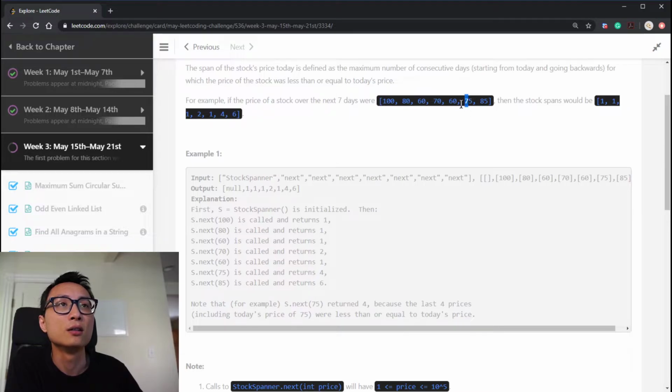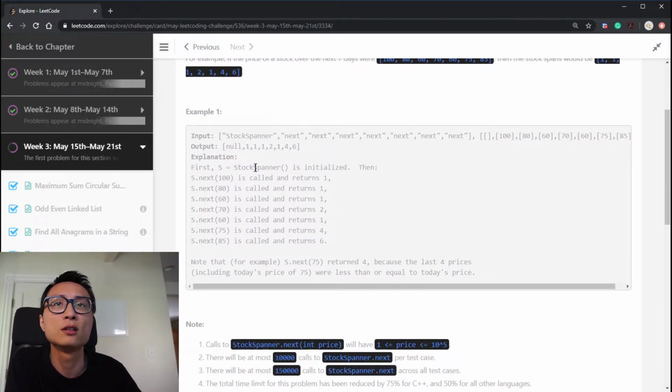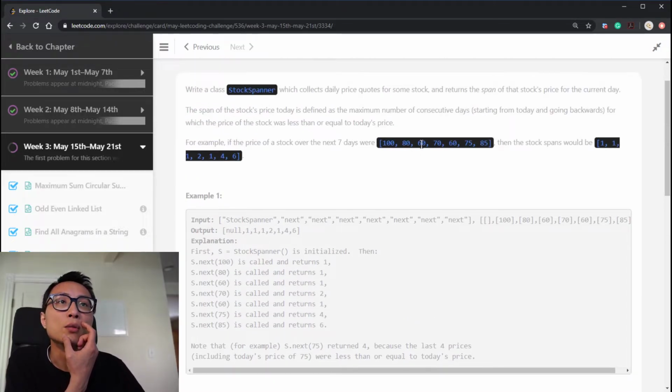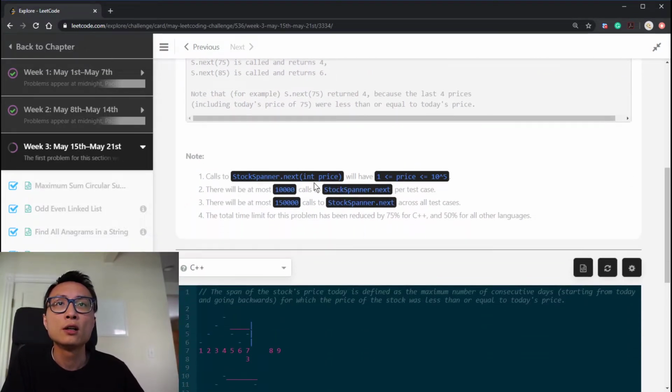For 75, the bar rises higher, so we can actually take 3. And for 85, that's higher than this 5, so the total is 6. So the answer for this example is 1, 1, 1, 2, 1, 4, and 6.